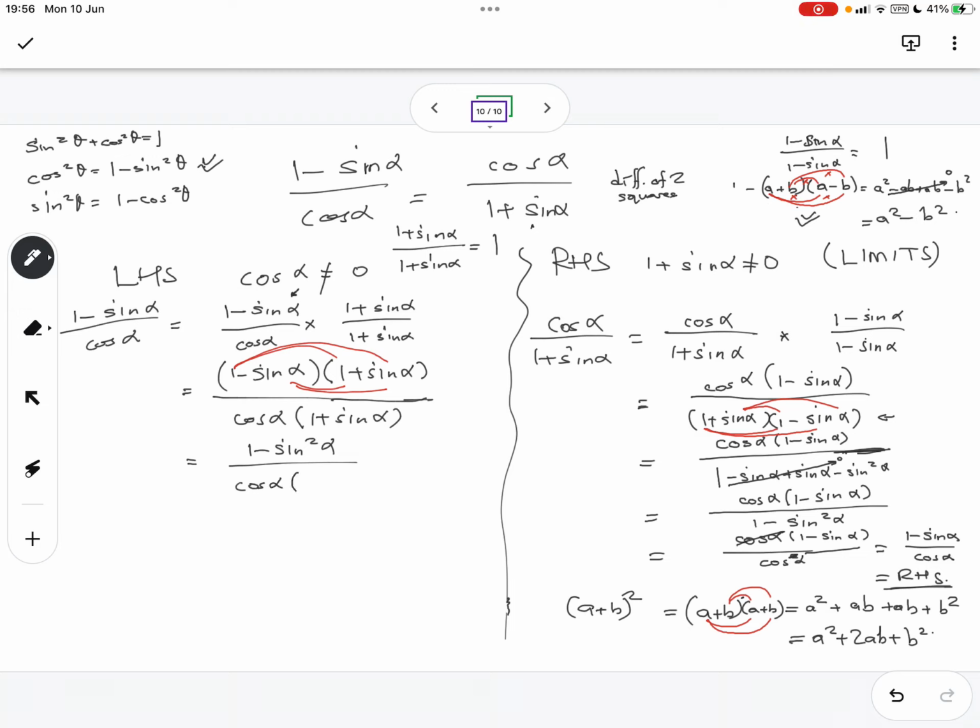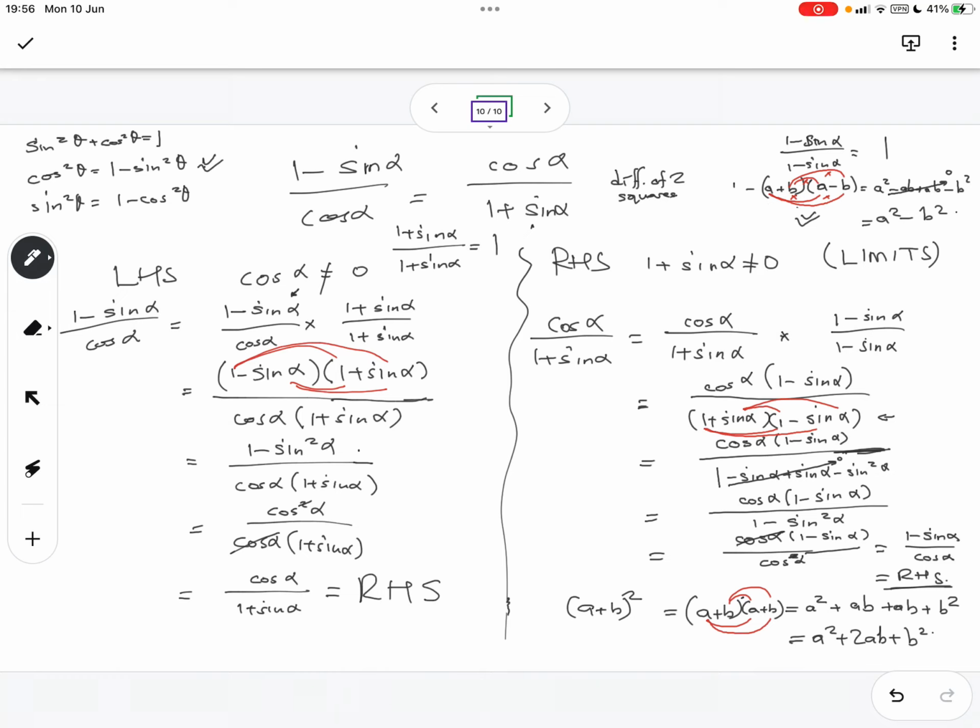So we don't have to cancel these out just yet, but we can do the same math that we did there. Okay, thank you, pencil. We can do the same math and end up with, in the next step, 1 minus sine squared alpha over cos alpha into 1 plus sine alpha.